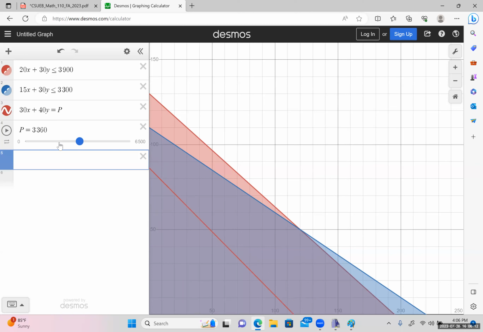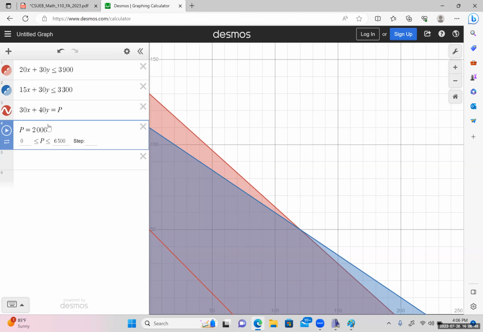For example, if I have P equal to 2,000, you will have profit of 2,000, and if the line is inside of the purple area, it means the x and y values in there are certified for the profit to be 2,000.